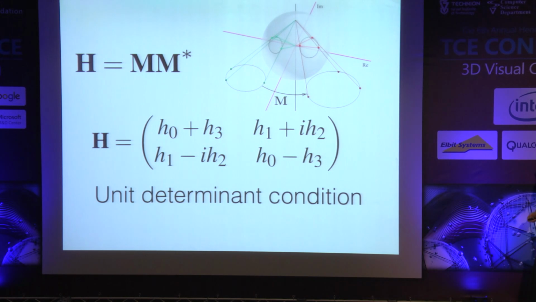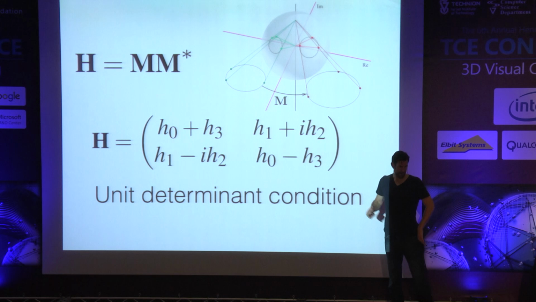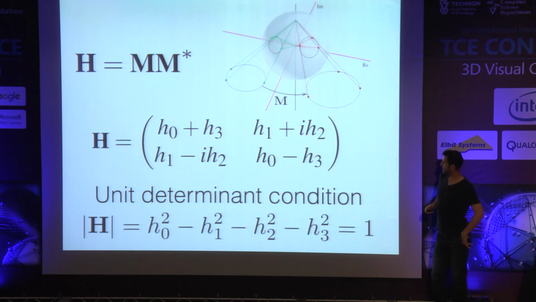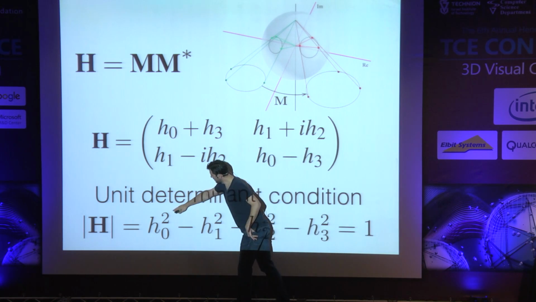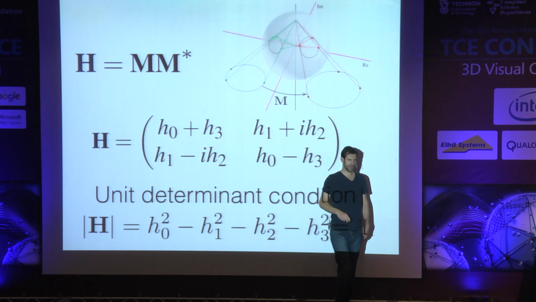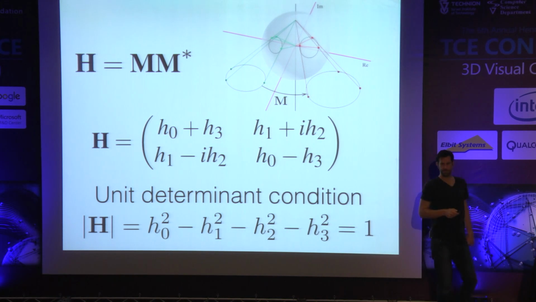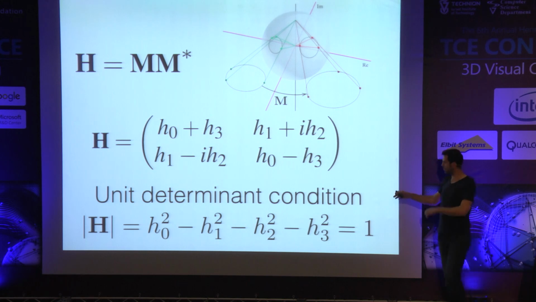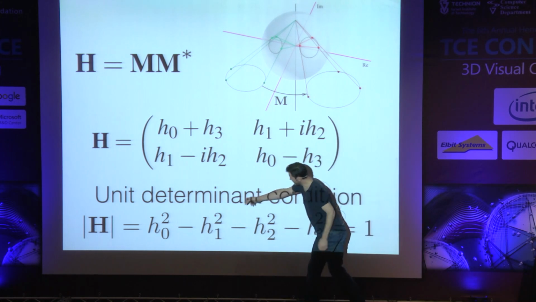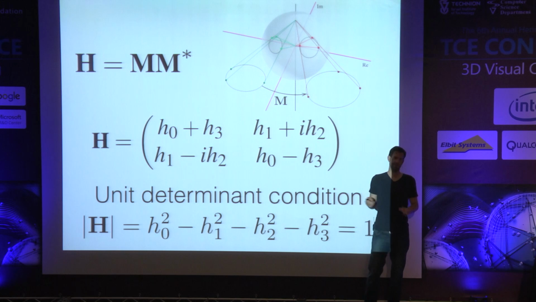Okay? Now let's put in the unit determinant condition. If M has unit determinant, so does H. And we compute the determinant, and we find the determinant of this is H0 squared minus the other things squared. Right? So it looks very similar to the case for quaternions, only these components, H1, H2, H3, they now have minus signs.